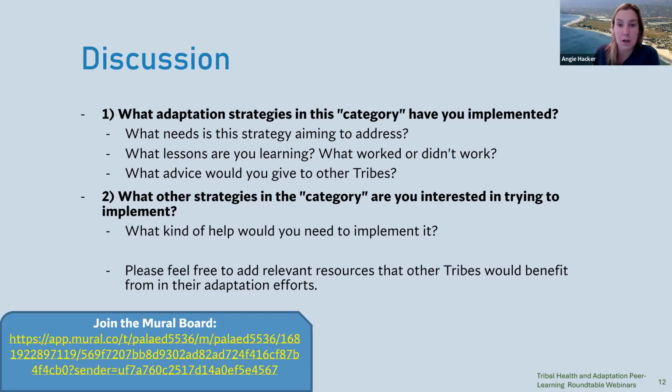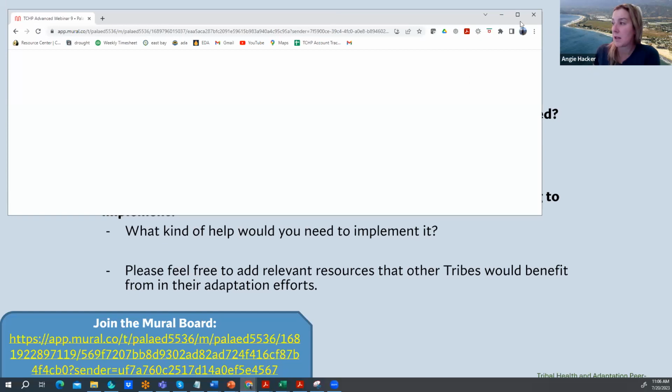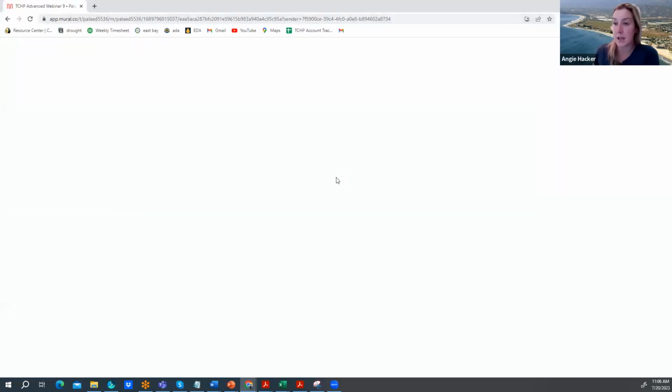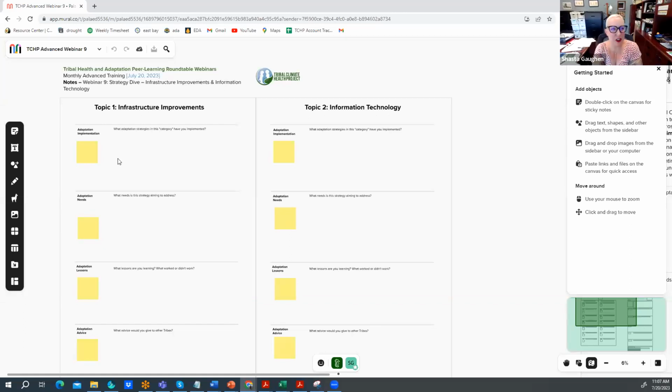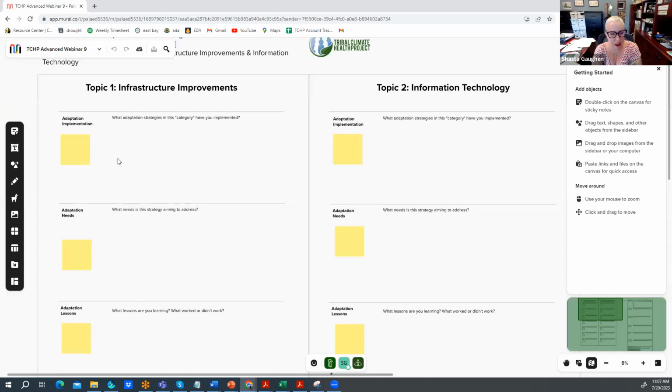Let me drag over the Mural. Let me know, everybody, if you're having any trouble getting in. You can just sign in as a visitor. Now Shasta has heroically figured out how everybody can actually drop a Post-it. So you should be joining as a visitor.